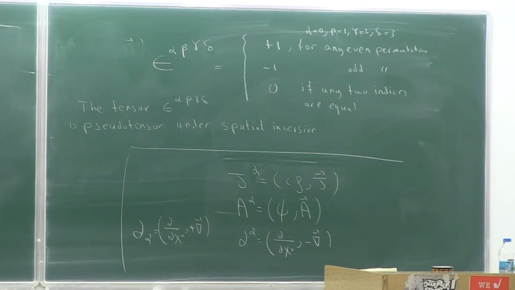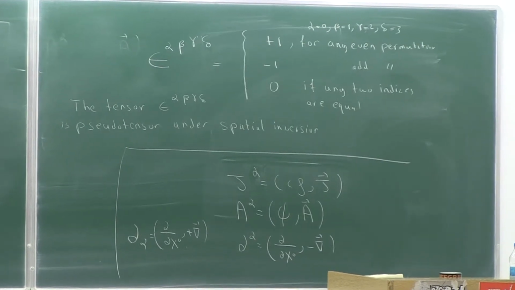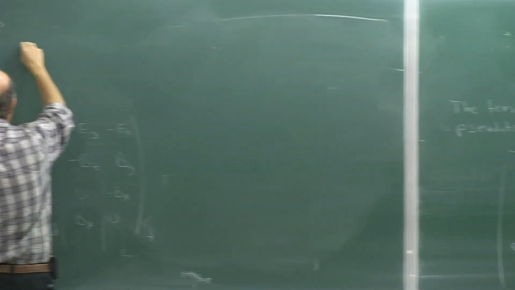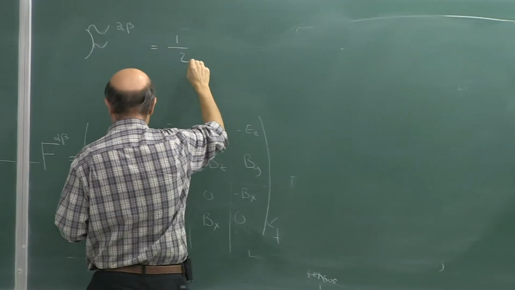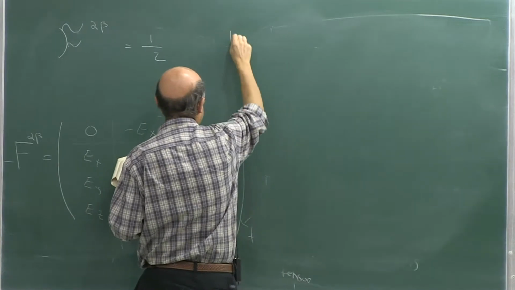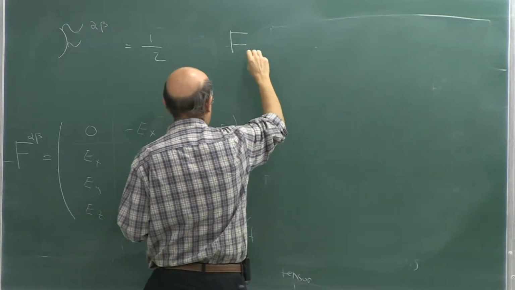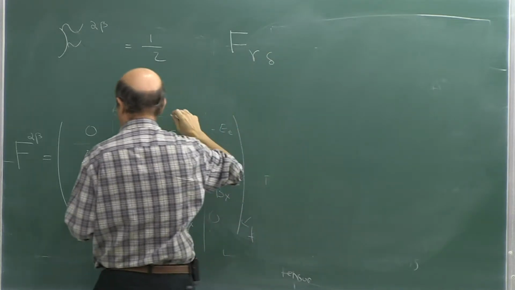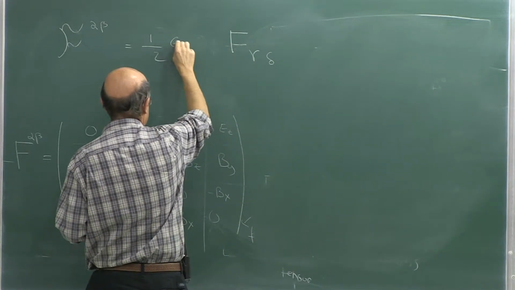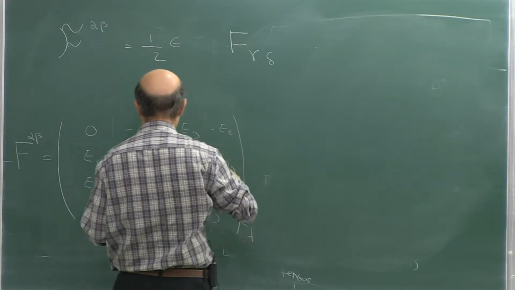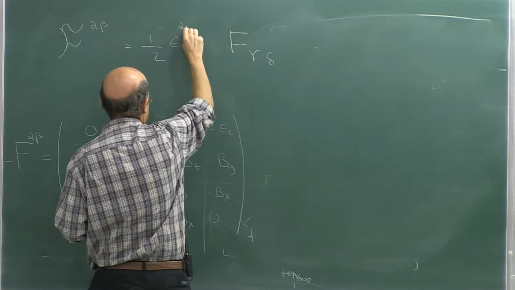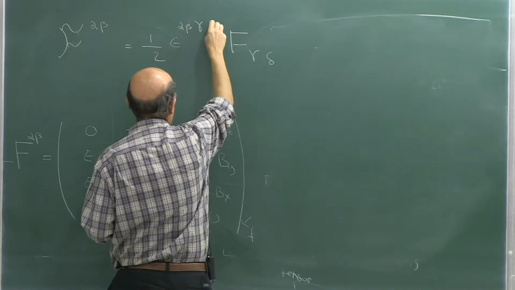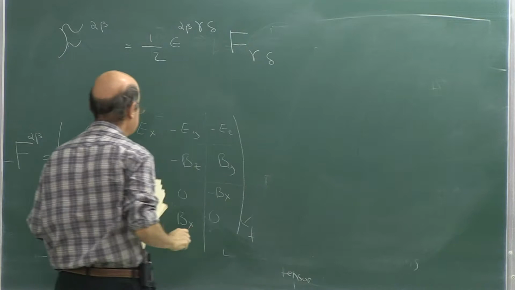F tilde alpha beta, with free indices, is equal to 1/2 epsilon alpha beta gamma delta F gamma delta, contracted with the 4-rank tensor such that alpha beta will be free at the end and gamma and delta will be contracted.